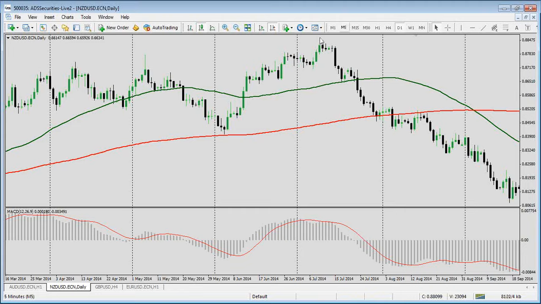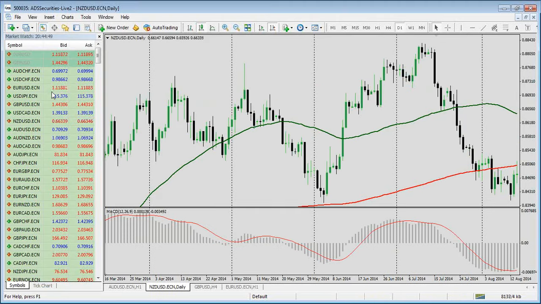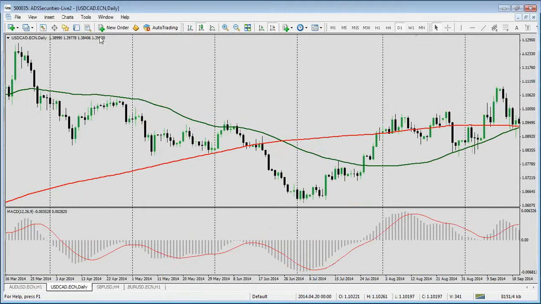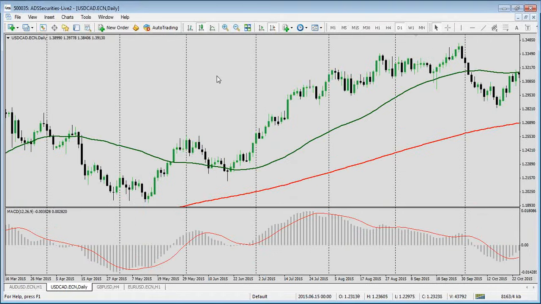Your entries should be mostly on euro dollar, pound dollar, and let's say USD Canadian dollar. You should be looking for entry opportunities on two various time frames: one is H1, the 1 hour time frame, and the other is the daily time frame.